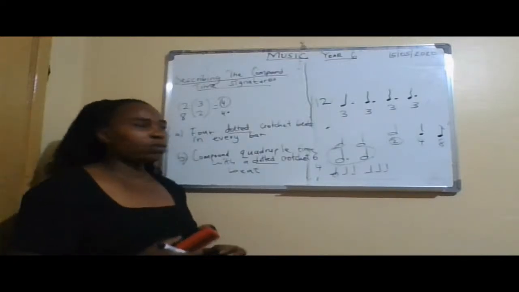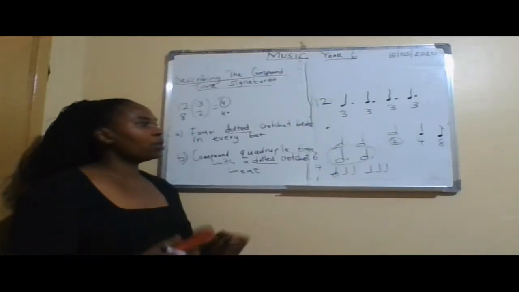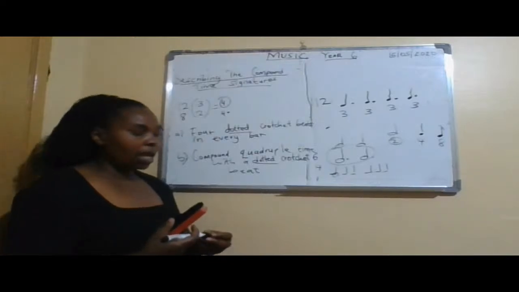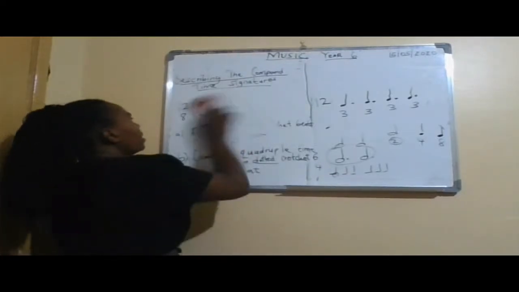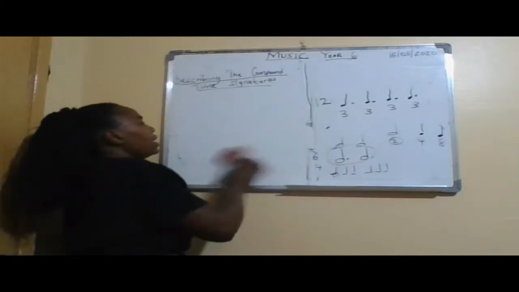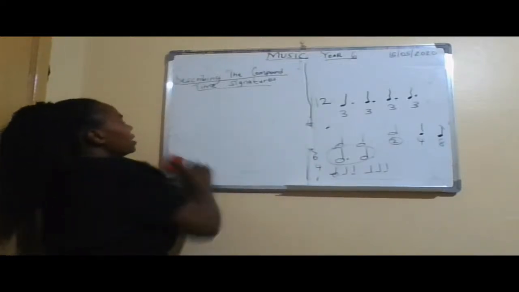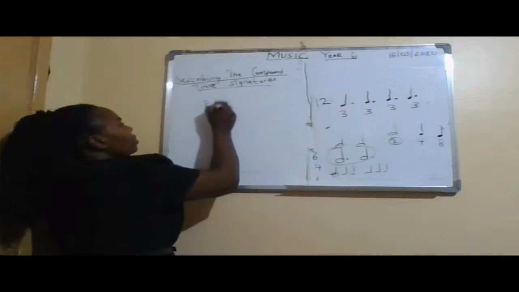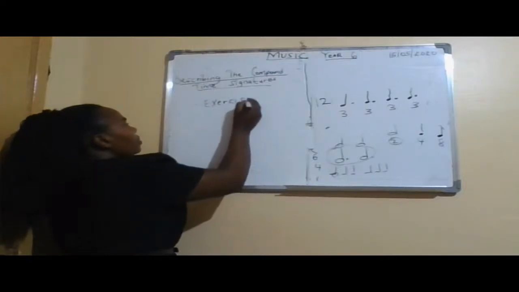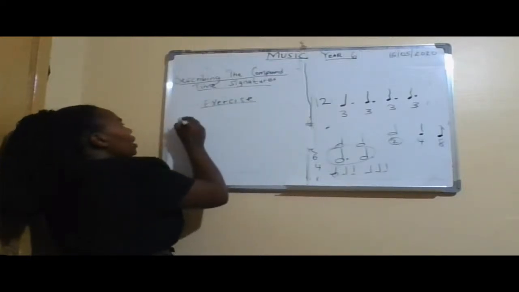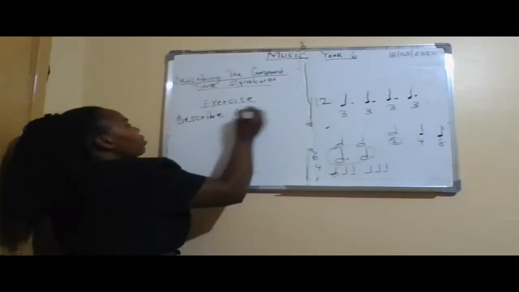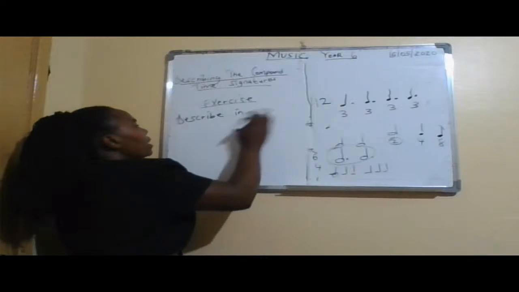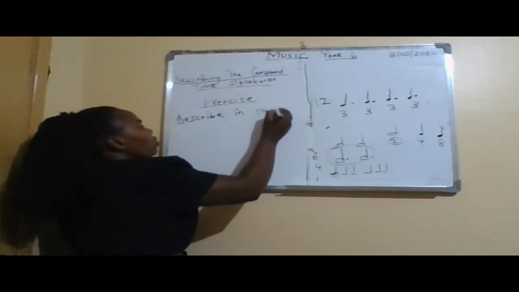Now, boys and girls, you can pause the video as you write the notes, and finally I'm going to leave you with an exercise that you will do for me. You are going to describe in words, that is in 2 ways.